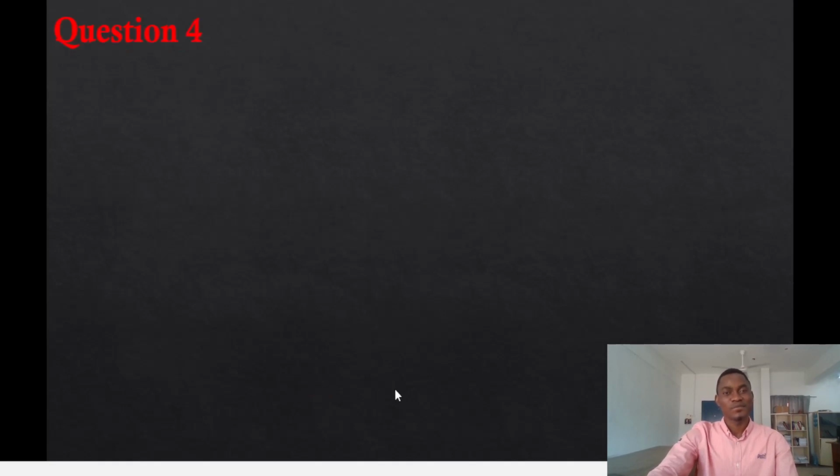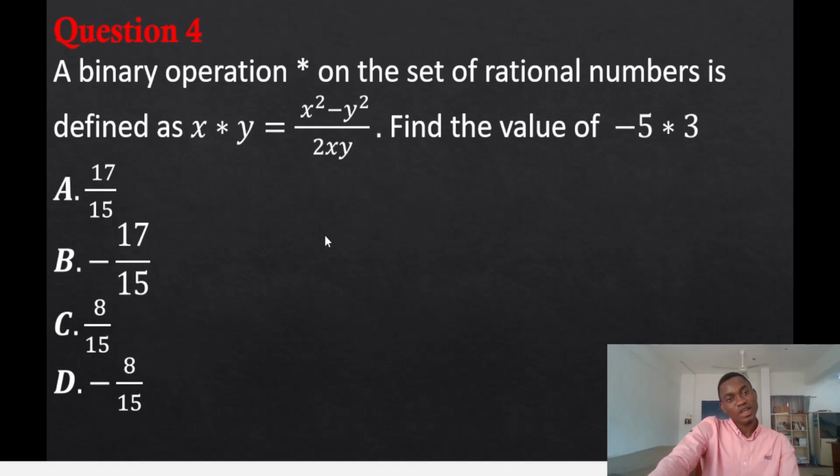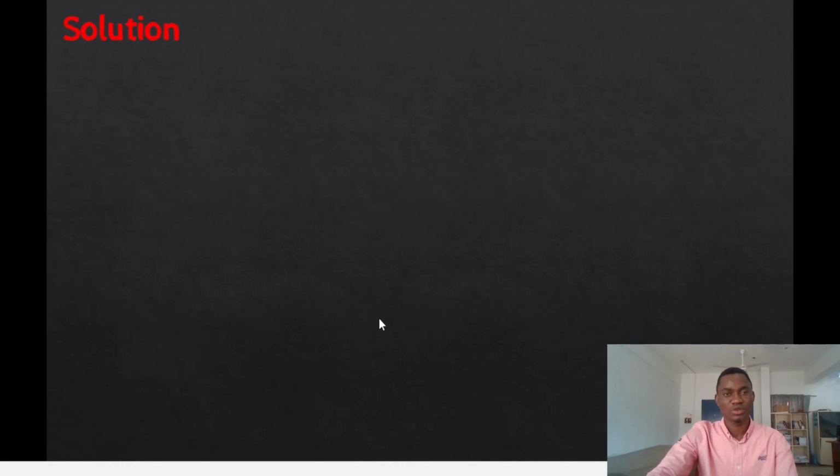Okay. Let's look at the fourth question. A binary operation star on the set of rational numbers is defined as x operated on y is equals to x squared minus y squared all over 2xy. Find the value of minus 5 operated on 3.